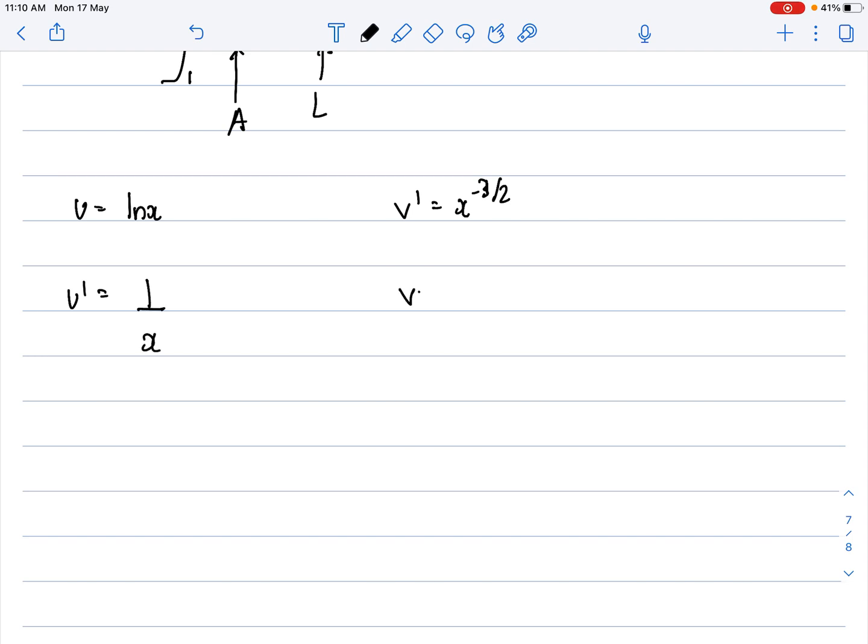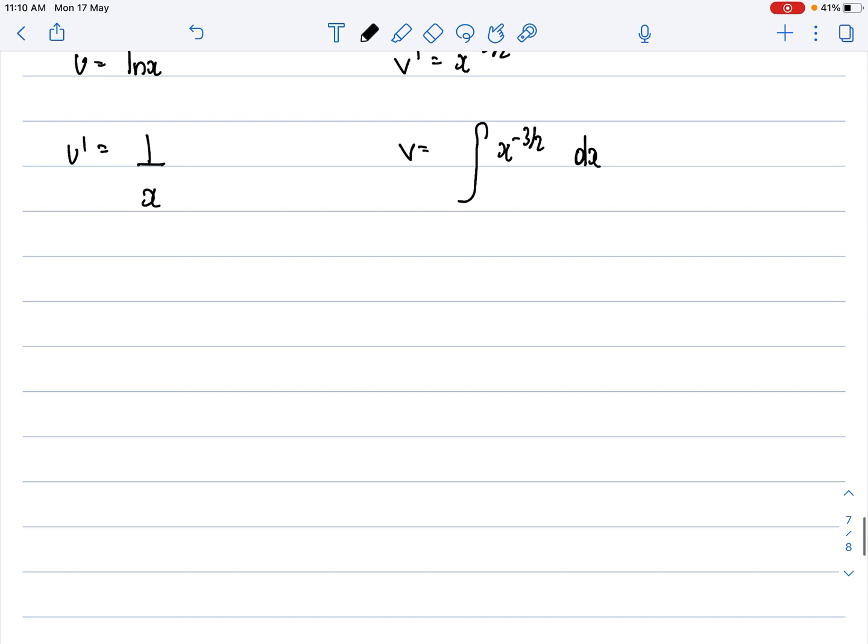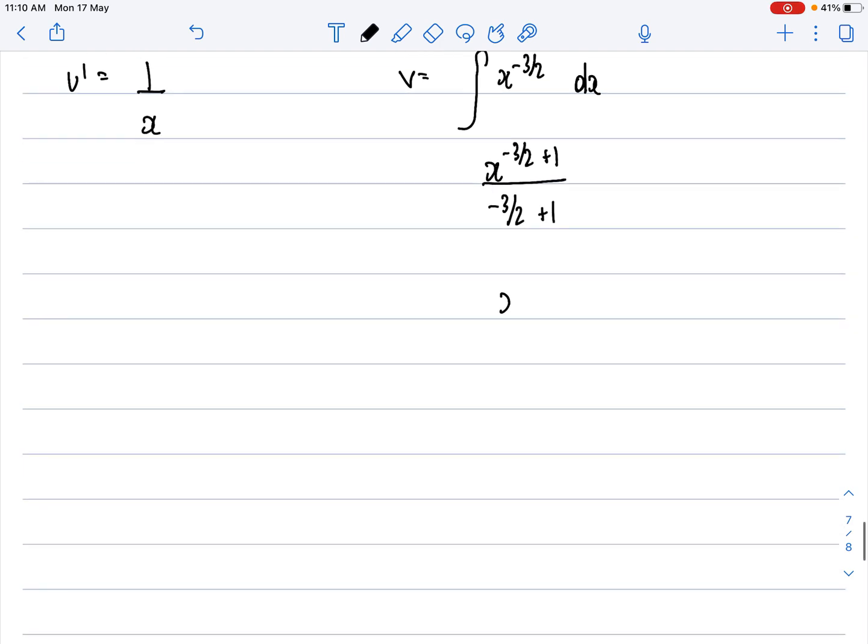And v is basically the integration of x raised to minus 3 by 2 dx, which will give me x raised to minus 3 by 2 plus 1 over minus 3 by 2 plus 1, which I can write as x raised to minus half over minus half, which can be written as minus 2 x raised to minus half. Correct? This is what I have.